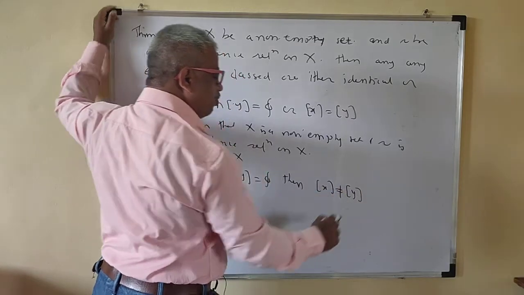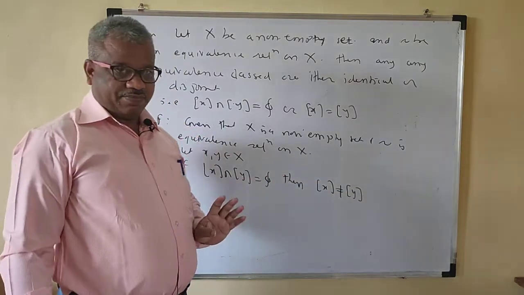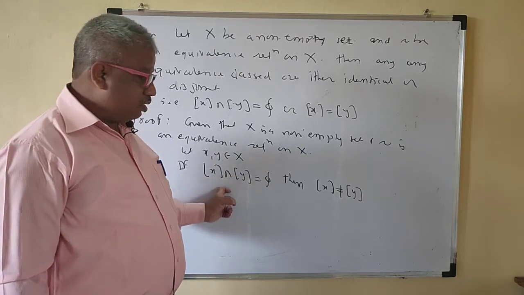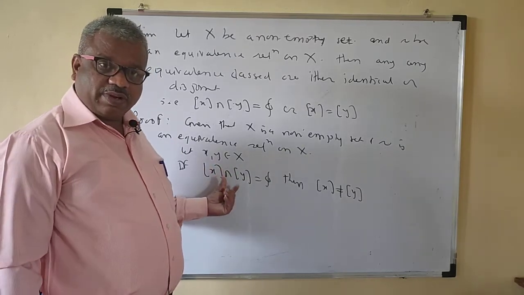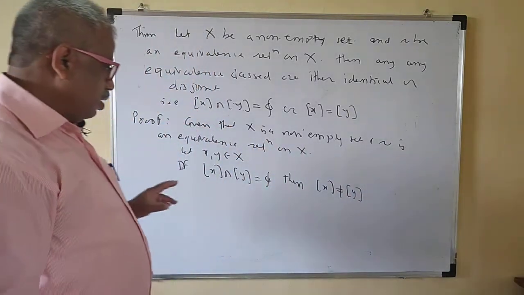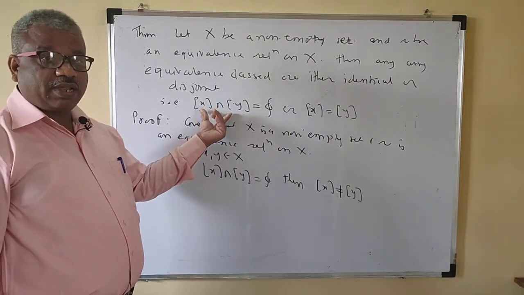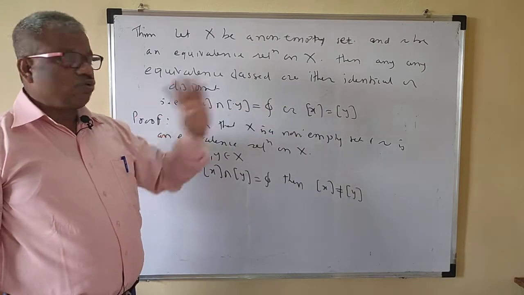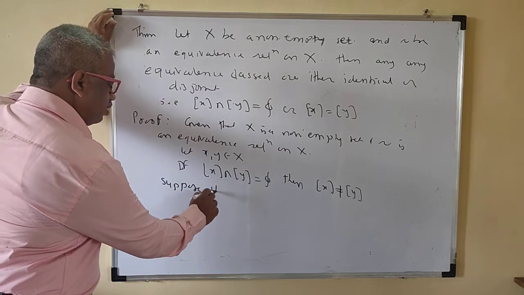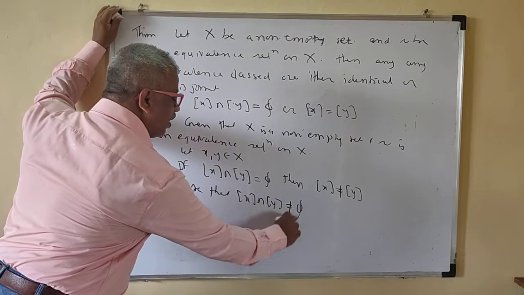This is obvious, because if two sets are the same, then their elements are the same. Here the intersection is empty, that means they have no common elements, so the elements of the two classes are not the same, which means they are not equal. Now what we have to prove is either this or that: if the intersection is not empty, then you have to prove the classes are equal. So suppose that the intersection of the equivalence class of X and the equivalence class of Y is not empty.